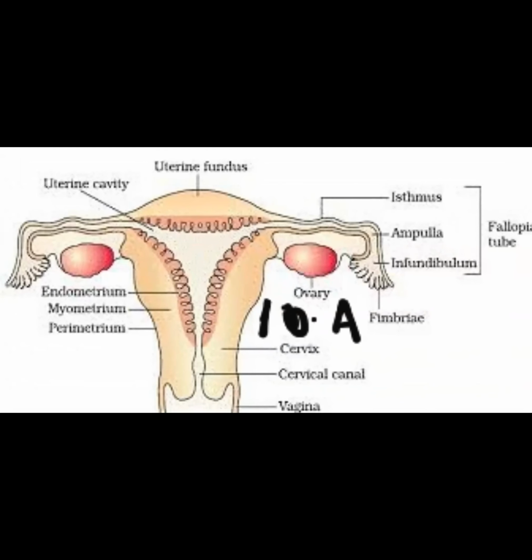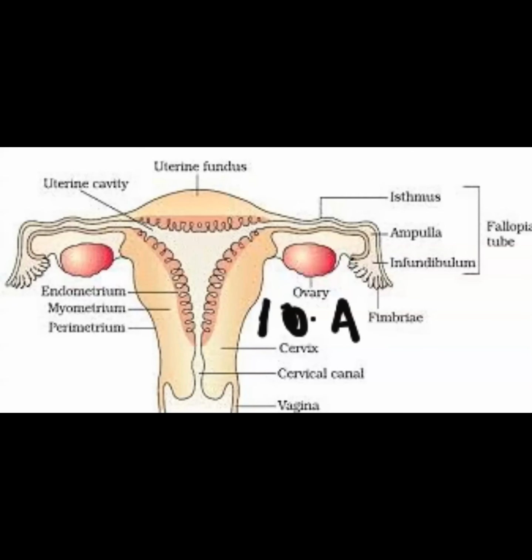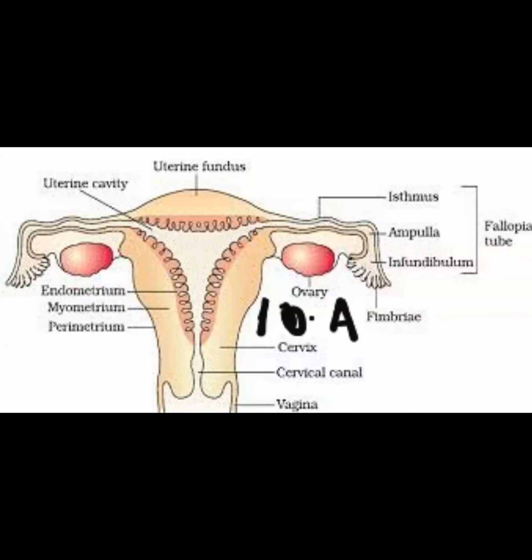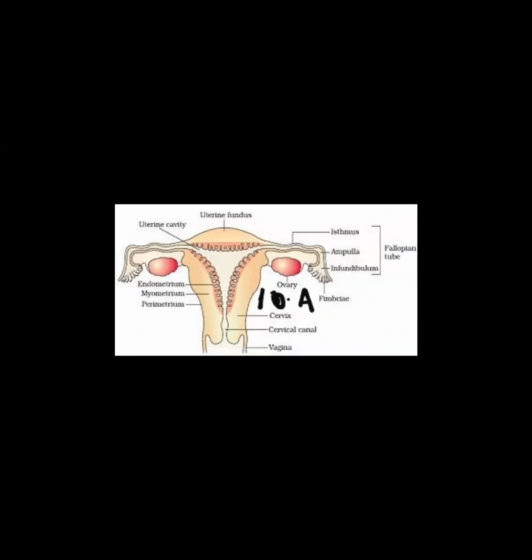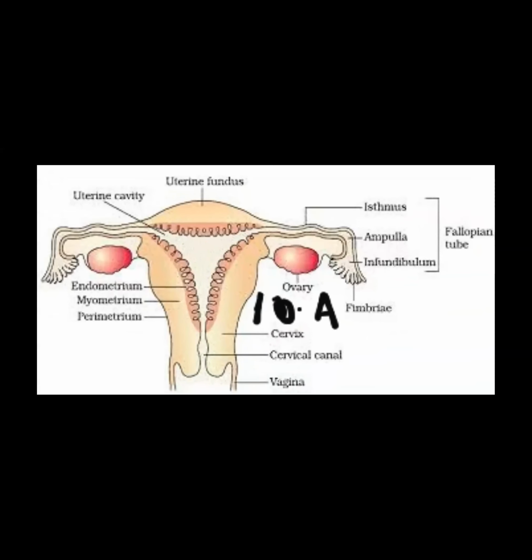That's the first function of the ovary. Second, they also secrete female sex hormones, the ovarian steroidal hormones, such as estrogen and progesterone. These two are secreted from the ovaries.